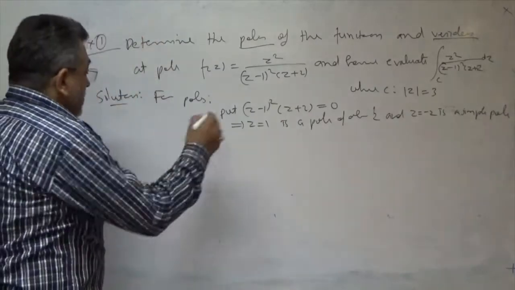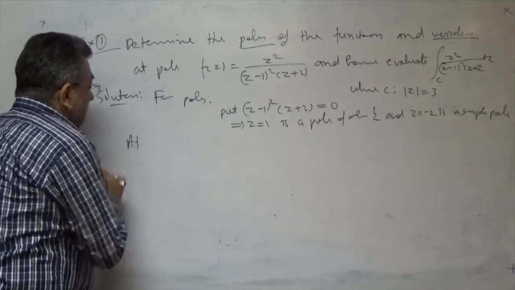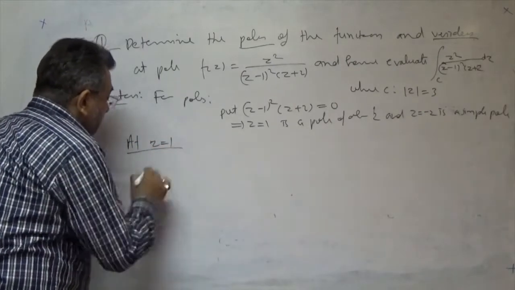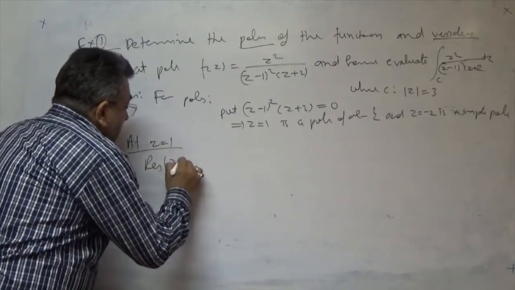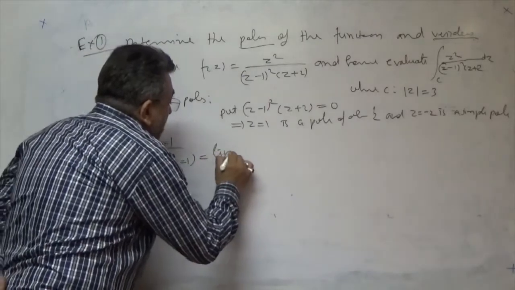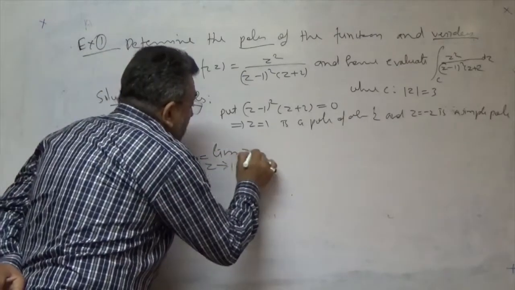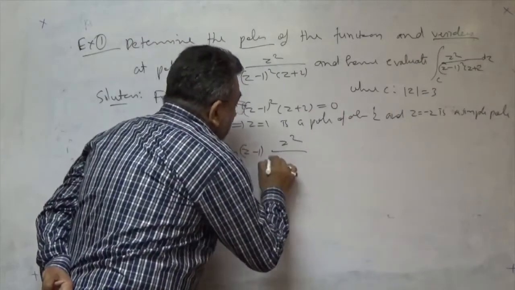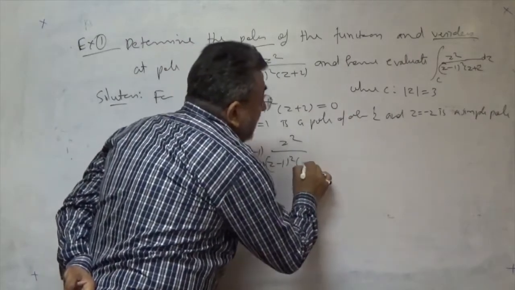Now the residue. Calculate the residue at z equal to 1, by the formula of the limit, as I told you: limit z tending to 1 of (z minus 1) f(z). Here f(z) is z square upon (z minus 1) whole square and (z plus 2).